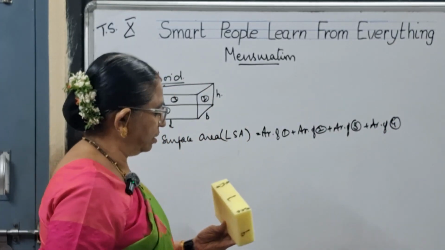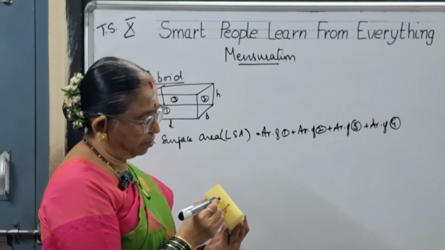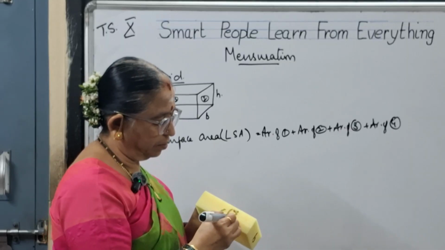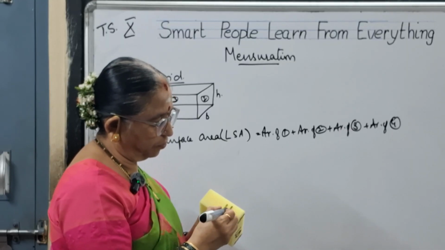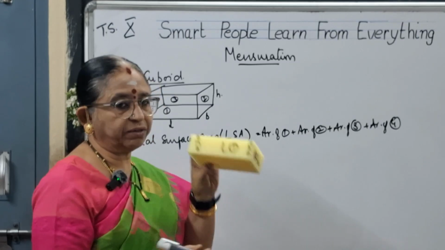So let us take this as first and this as second, this is third and this is fourth.